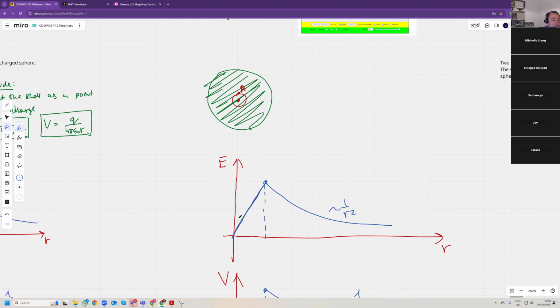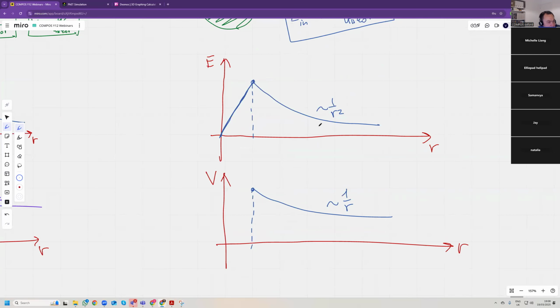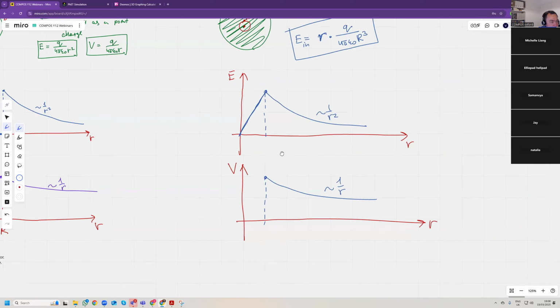It's a linear distribution. So the electric field inside the sphere is going to be r multiplied by Q divided by 4 pi epsilon naught R cubed. Please take this without proof for now because we're limited in time. But hopefully you've seen that in the previous assignment.